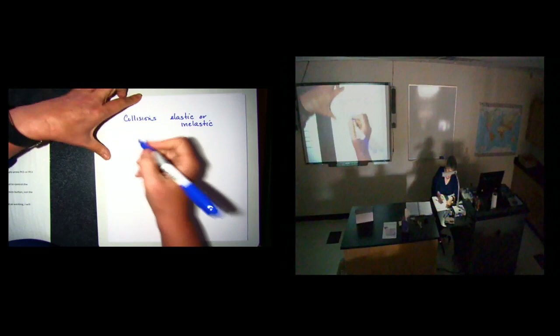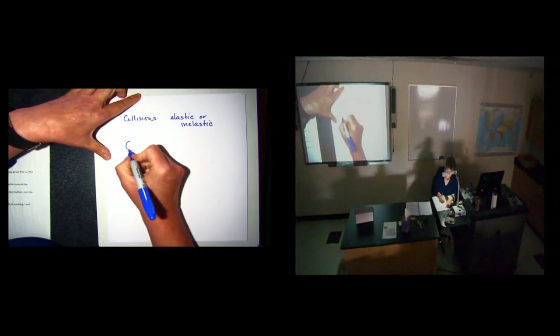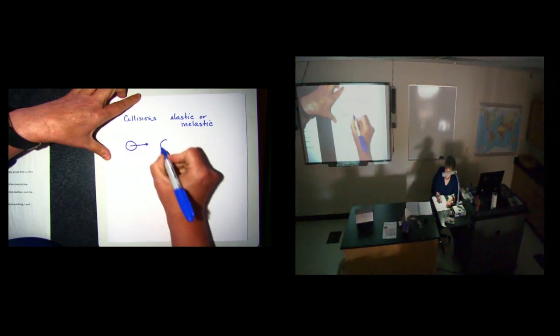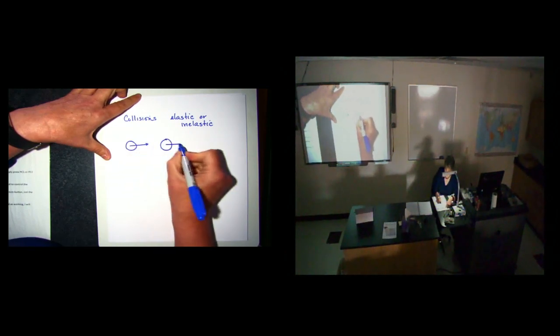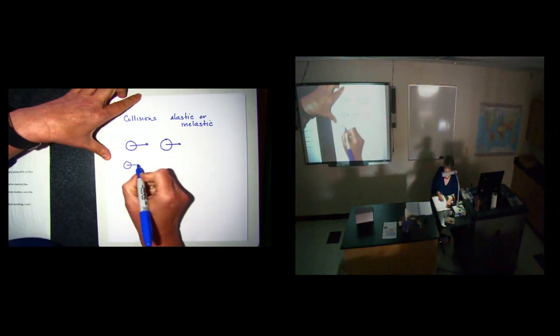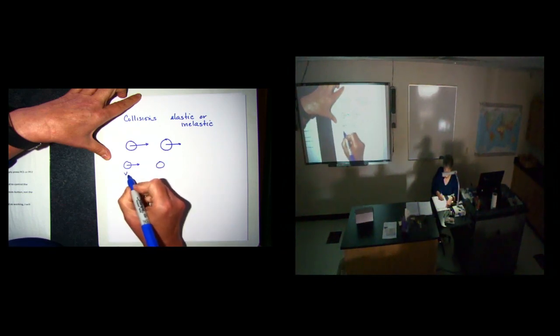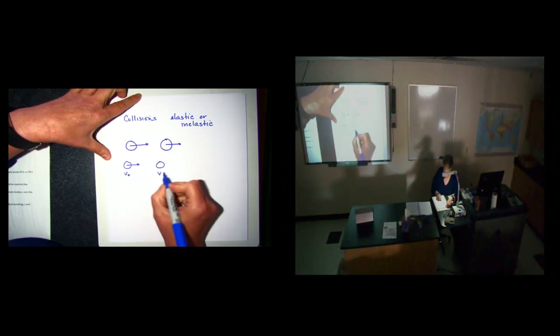So if I have my start here, this is my before, so I have an initial velocity. This has an initial velocity of 0. And if things are working out okay, usually what happens is this is going to go off at the new velocity. If it's perfect, this would be 0, but this might dribble off, and this is off at a bigger angle.